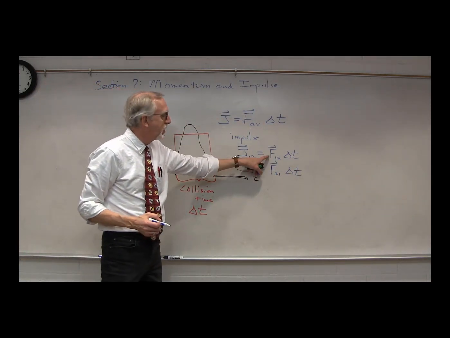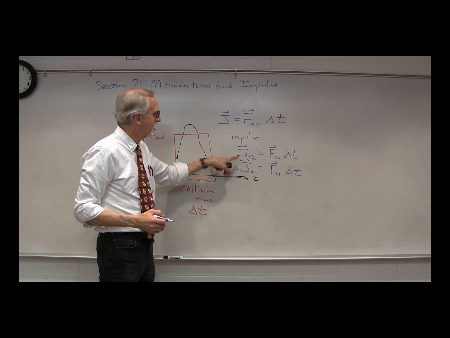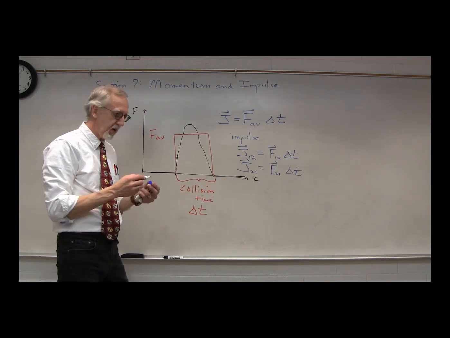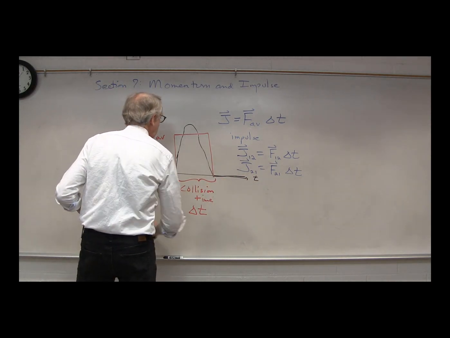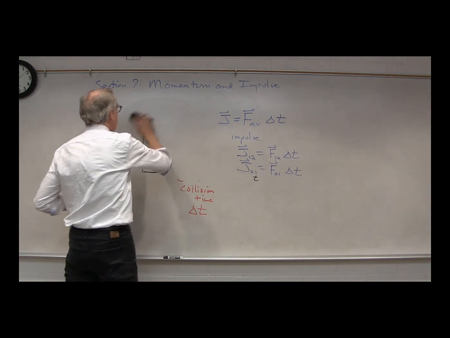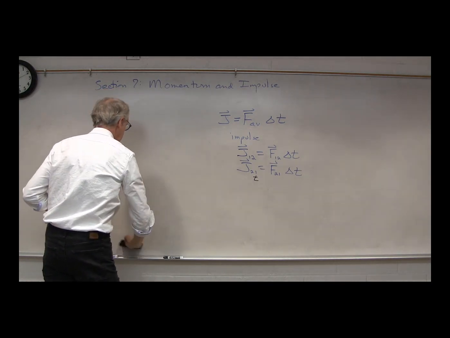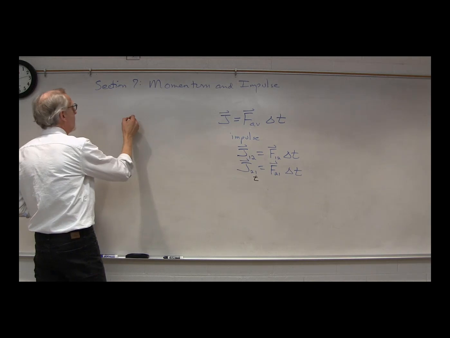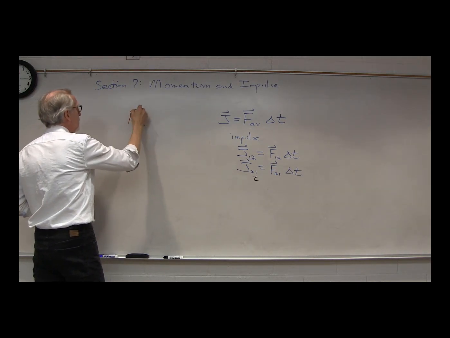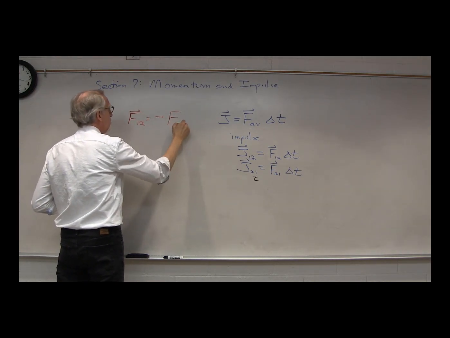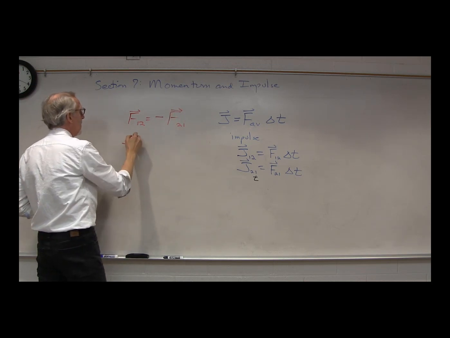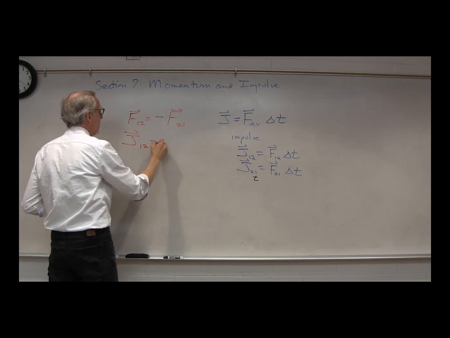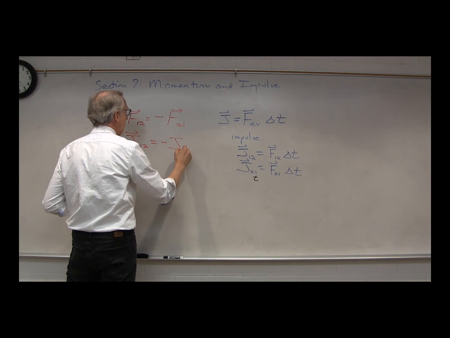Now, because the forces are equal and opposite, the impulses will likewise be equal and opposite. So while we can say that F12 equals negative F21, we can also say that J12 equals the negative of J21.